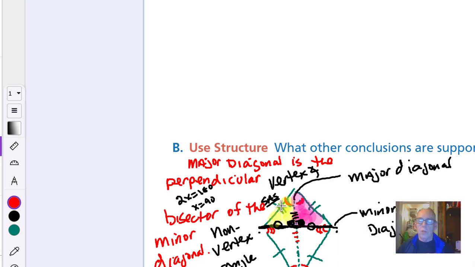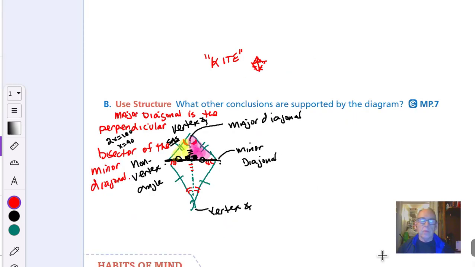So if you're told that you have a kite, by definition, consecutive pairs of congruent sides go with a kite, but also because of these properties, this major diagonal bisects the vertex angles. It also is the perpendicular bisector of the minor diagonal, and the non-vertex angles of a kite are congruent. Okay, let me zoom back in. Let's move on.